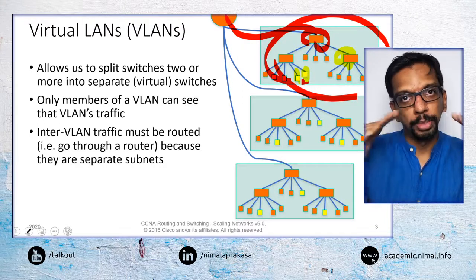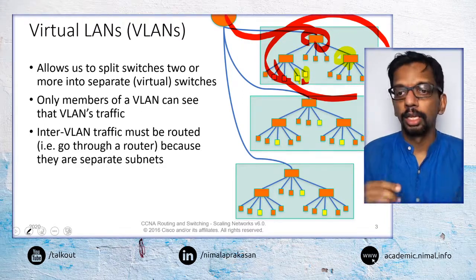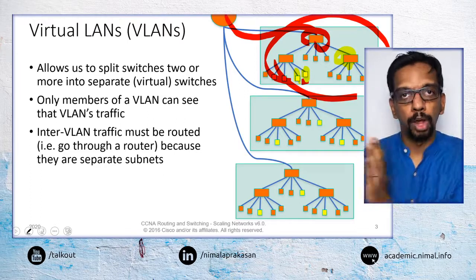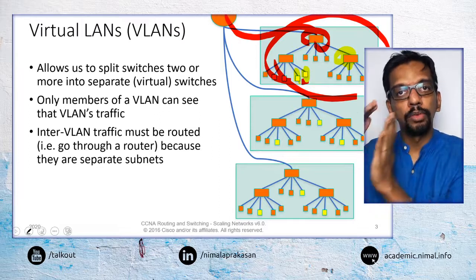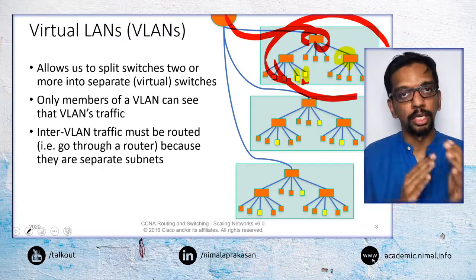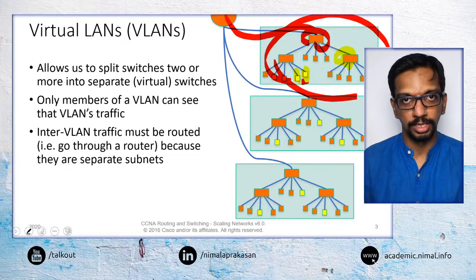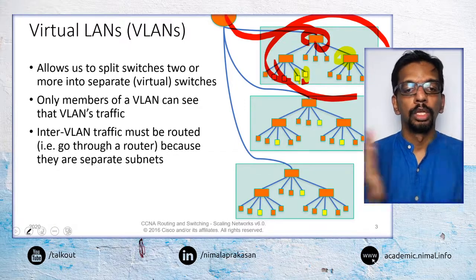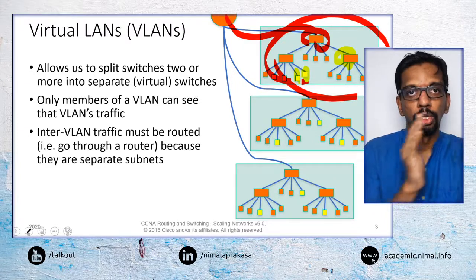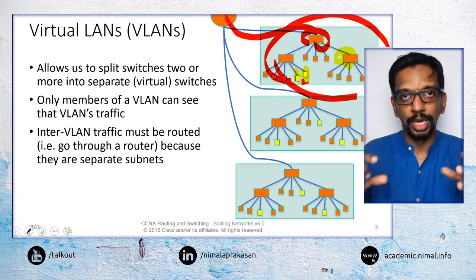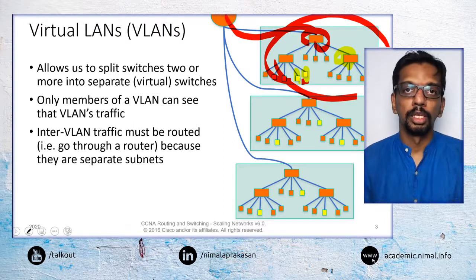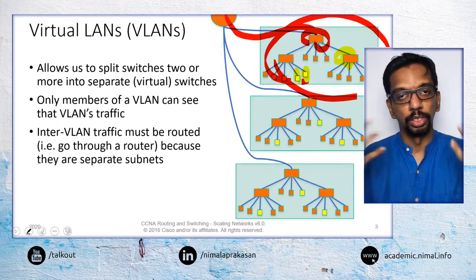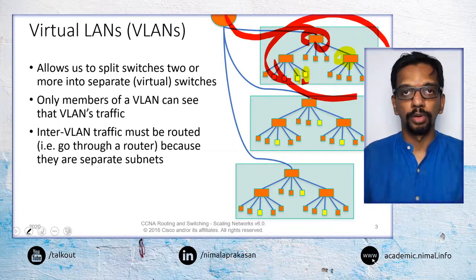Once we split it like that, any traffic going to one part of the virtual switch, or one virtual LAN, is only visible to that virtual part. Any other device in that same virtual LAN can see that, and others are not able to communicate with them. Communication between two different VLANs, even if they are connected to the same switch, will have to be done through inter-VLAN routing, as two different networks.